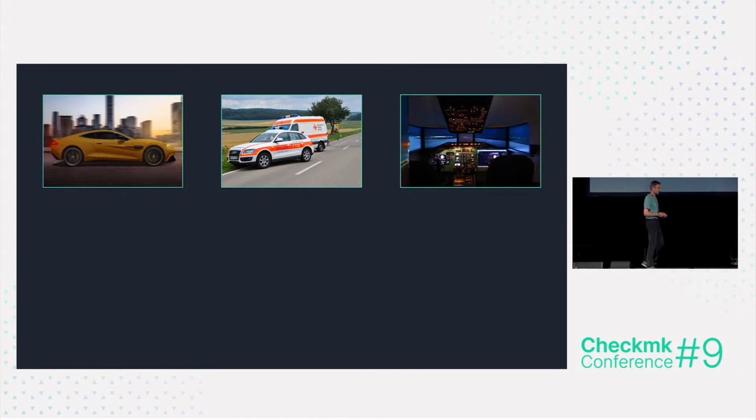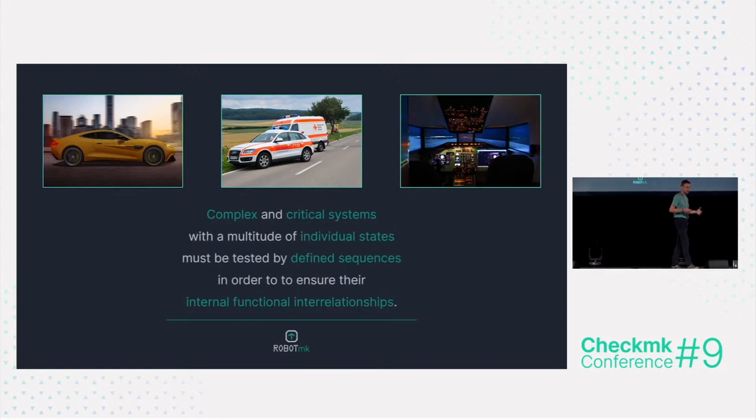I'm asking these questions because our real life is full of examples of complex and very important systems where it's simply not enough to check individual states of these systems, but to test their functional interrelationships using predefined sequences.